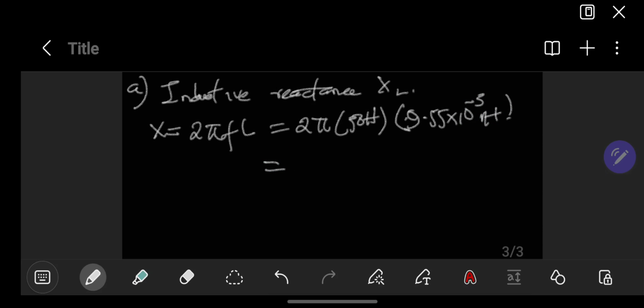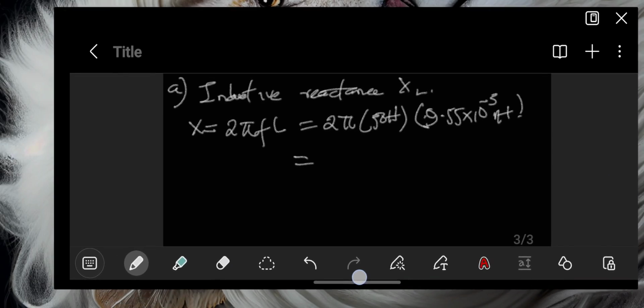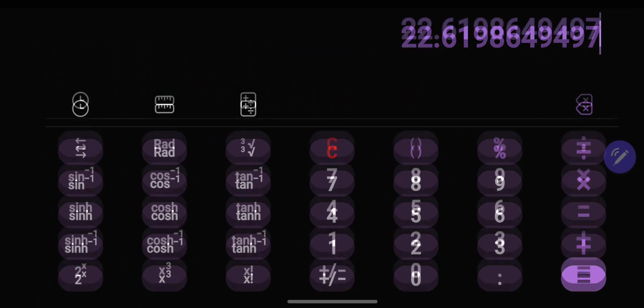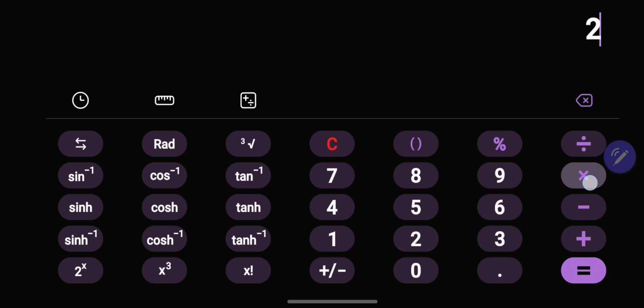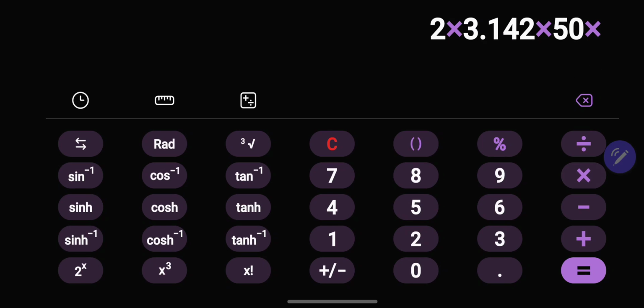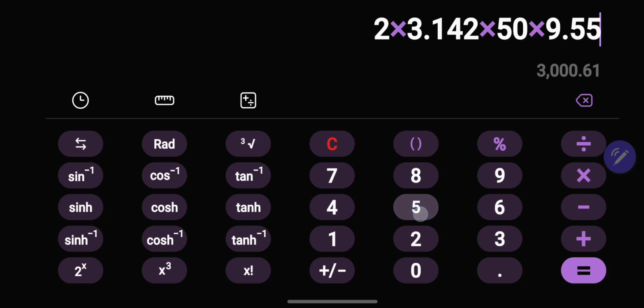Because we're trying to keep under our time, we quickly use our calculator. That will be 2 times 3.142, times 50, times 9.55.